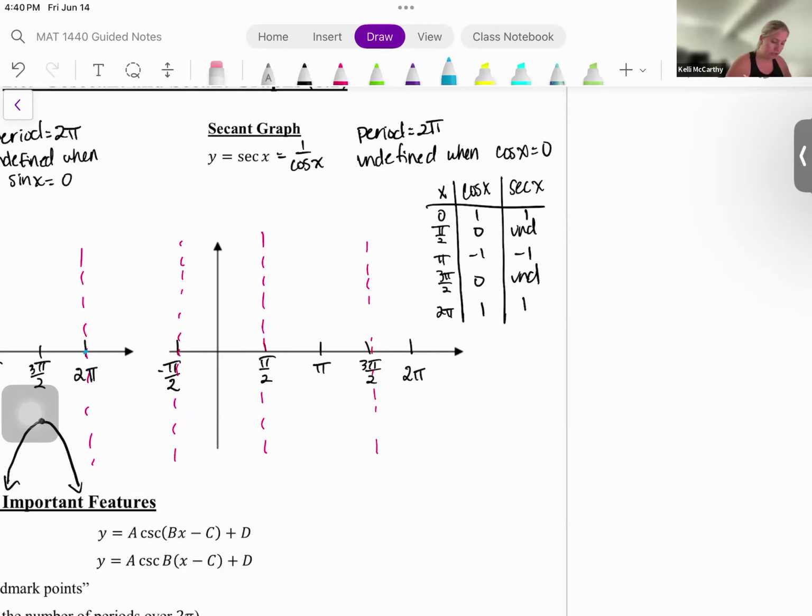And now I'm going to sketch that graph of cosine, just like I did for our first graph. So here's 1, here's -1. Cosine starts at our max at 0, goes to the midline, minimum, midline, maximum. So here's our graph of cosine.